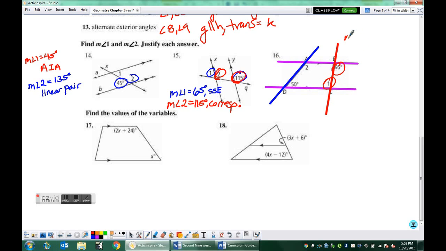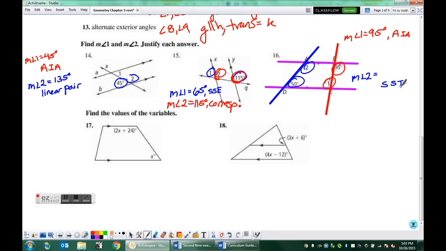When I'm looking at this angle 1, you'll notice it's on the same transversal as angle 95. When I look at those, they are alternate interior angles, so they are congruent. So it is 95 degrees.